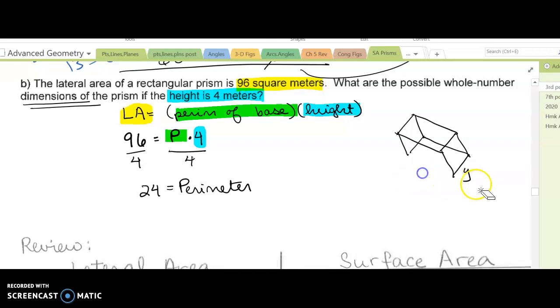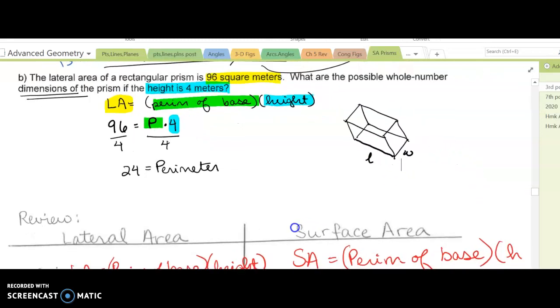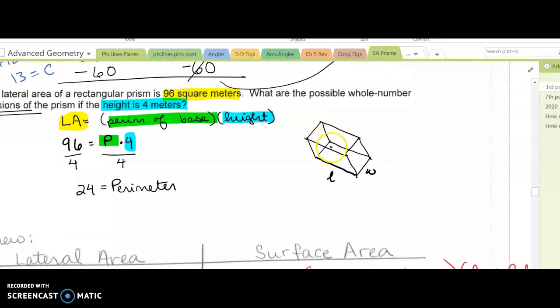So instead of calling those X and Y, let's call them length and width. That's what it means by dimensions. So what we do know is that 2 L's and 2 W's have to add up to 24.